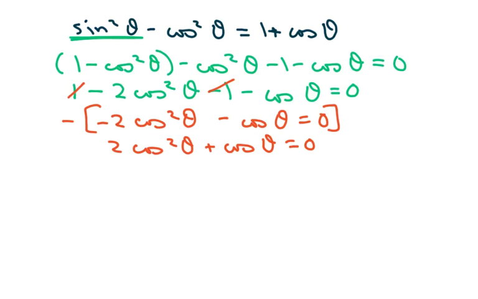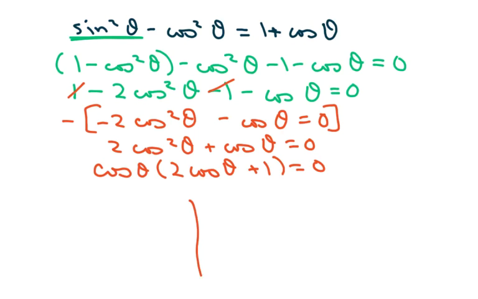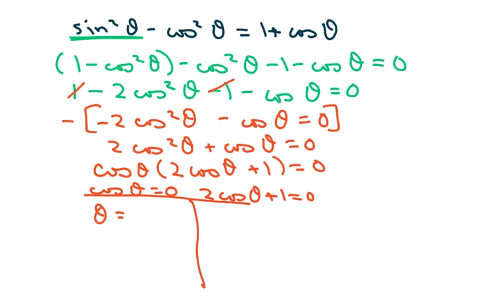Now, I'm going to factor out a cosine of theta, and you get cosine of theta times 2 cosine of theta plus 1 equals 0. Then it looks like one we did in a previous video, and we just set cosine of theta equals 0, and 2 cosine of theta plus 1 equals 0. On this one, we have theta equals pi over 2 and 3 pi over 2.